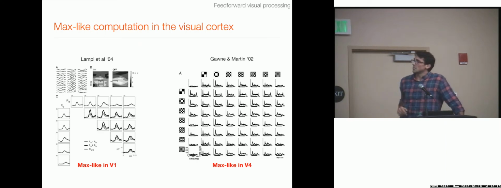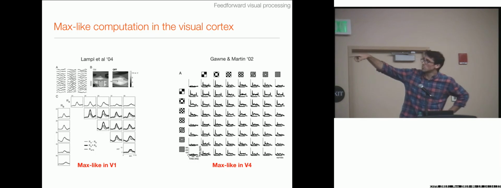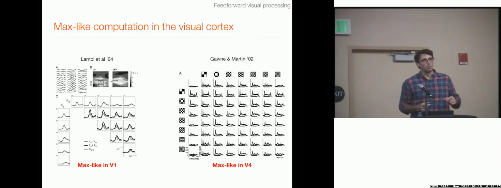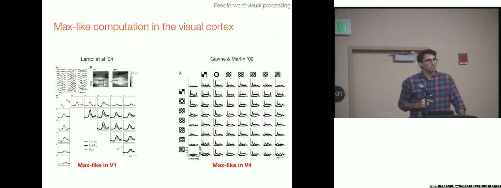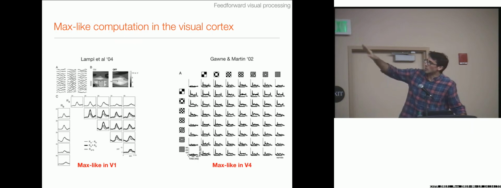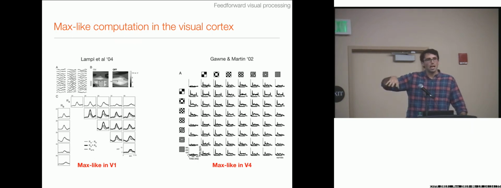Here, these researchers presented two of the patterns, one on the row, one on the column, within a receptive field of a V4 neuron at the same time. And with some visual inspection, you might be able to see that across all those combinations, there's a max-like effect across the combination of those two stimuli.